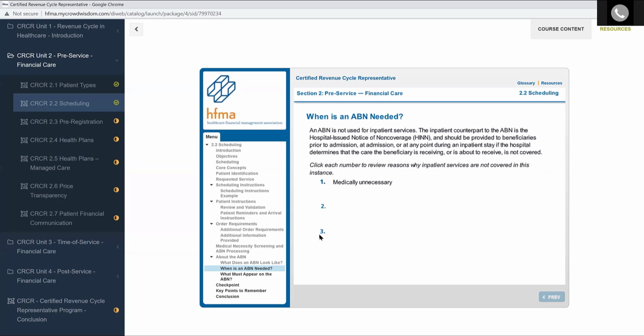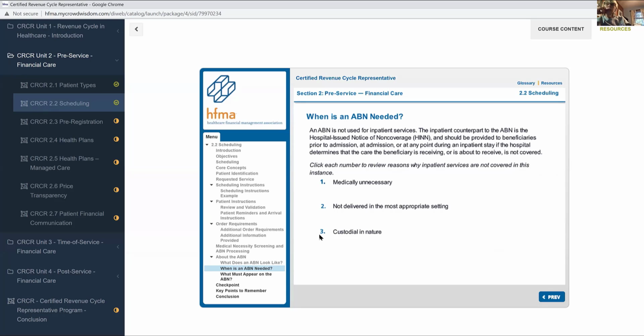Oh, we have a question. How does the ABN come into play for balance billing? Well, if Medicare pays for the service, obviously you can balance bill the patient.